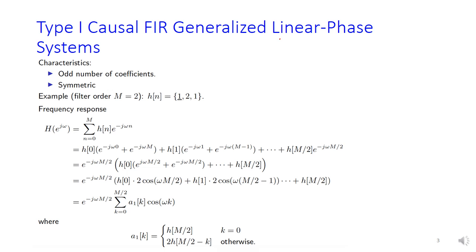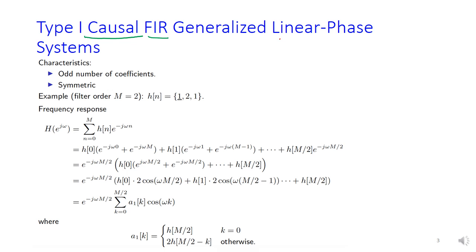This is how we refer to them, so it is important you know them by name as well. Pay attention here: what we are interested in are causal systems, which means their response starts from n equal to 0, and for n less than 0 their response is 0. They are finite impulse response systems. These are the two essential conditions here.